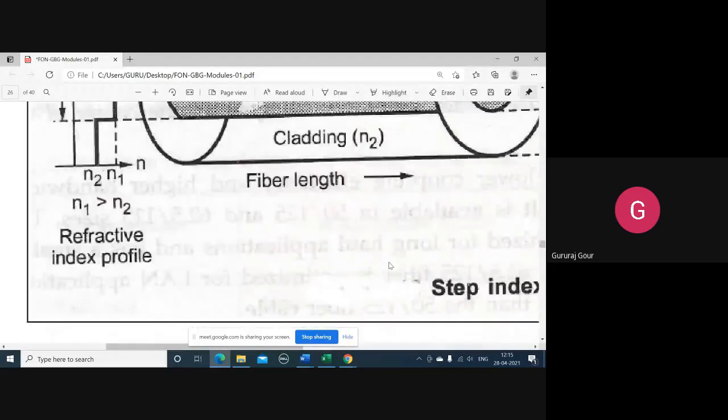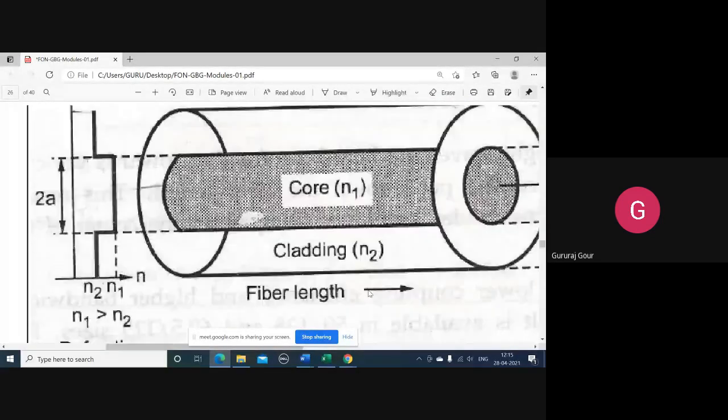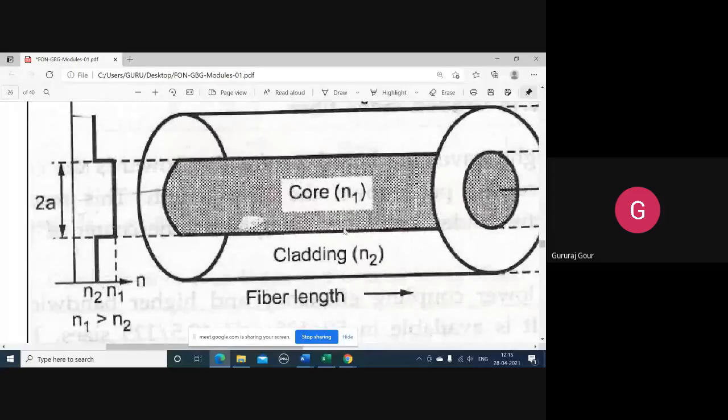What do you mean by this step index profile? We know that the core is made up of one type of material throughout, and it has its own characteristic that is represented by the refractive index N1. Similarly, the cladding is made up of another type of material, having a refractive index slightly less than that of N1.